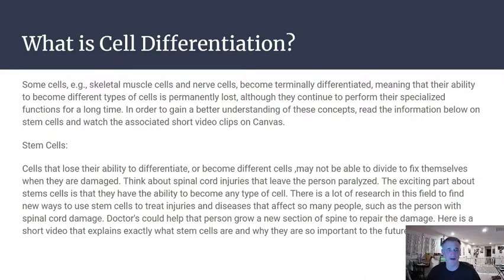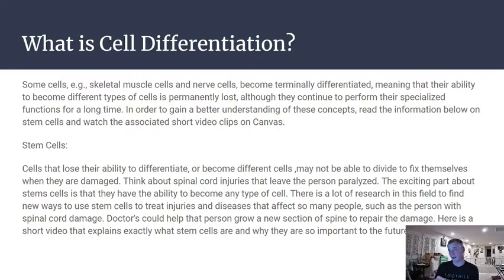Now, the exciting part about stem cell research is that they have the ability to become any type of cell. There's a lot of research in the field to find new ways to trigger the stem cells to become a nerve cell and then treat injuries and diseases that affect so many people, such as a person with spinal cord damage.